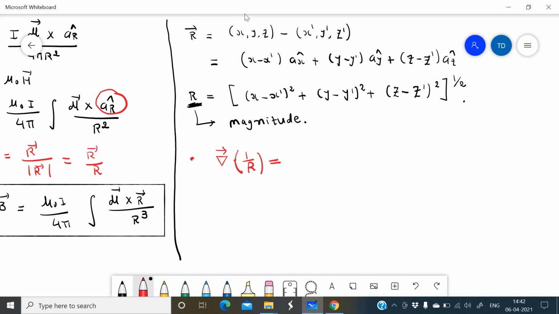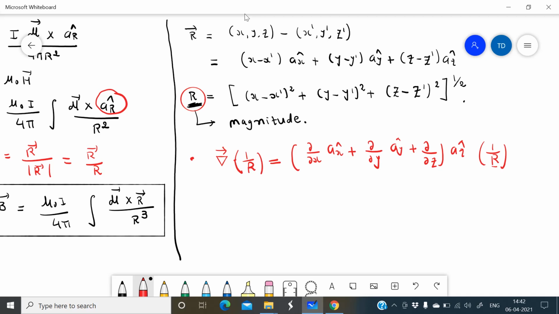As we know, del means del by del x ax plus del by del y ay plus del by del z az, into 1 by r. And what is r? R is this one.